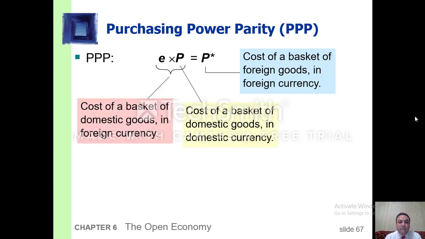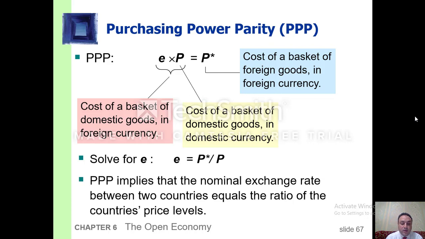So the purchasing power parity doctrine says that the nominal exchange rate multiplied by the home price, P, which is the cost of a basket of domestic goods in domestic currency, will equal P star, the cost of a basket of foreign goods in foreign currency.